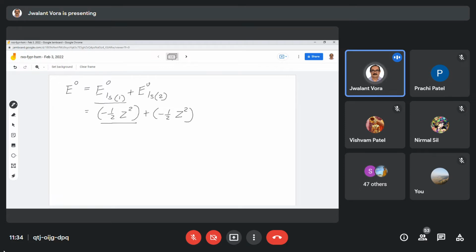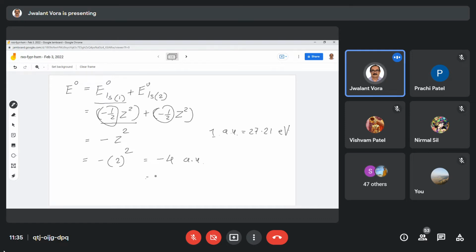So we need to consider this value. This is equal to minus 1/2 plus minus 1/2, that is minus Z square, with Z equal to 2. This is equal to minus 4 atomic unit. 1 atomic unit is equal to 27.21 eV.